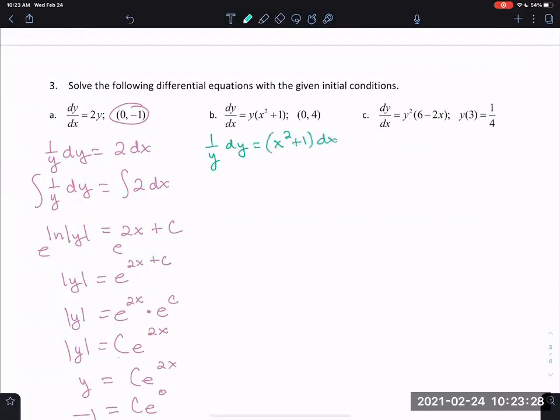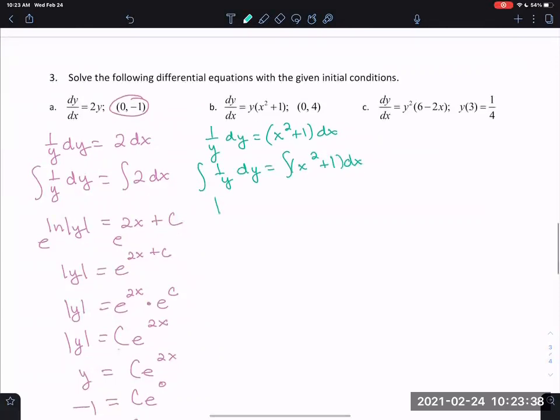Putting on my integral symbols, natural log absolute value of y, and this would be x cubed over 3 plus x plus c.